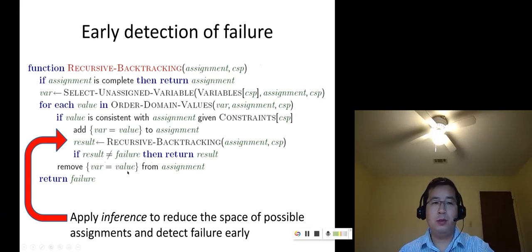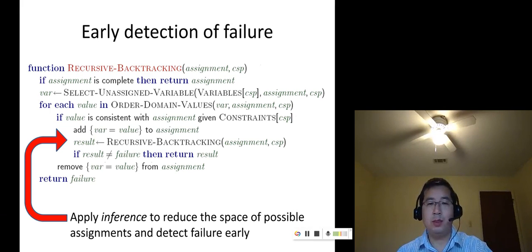If you exhaust all the values for this variable and still cannot find the assignment, it means there's no solution for this subproblem. Then you reach this clause and return failure, meaning no complete assignment for this problem.